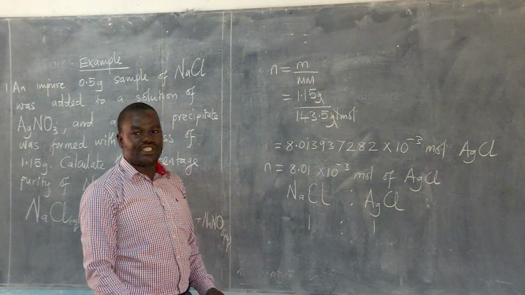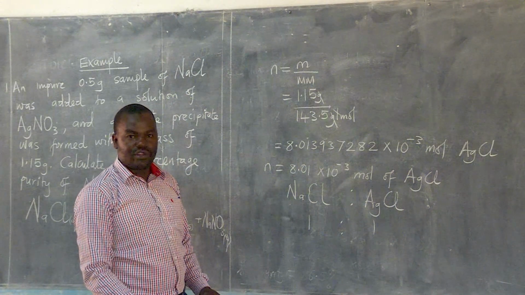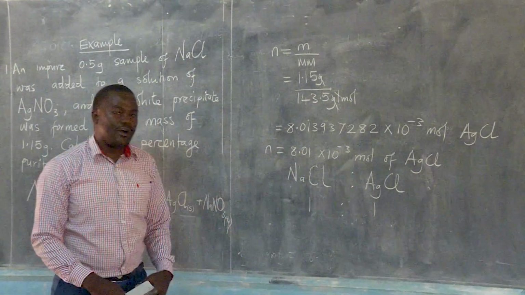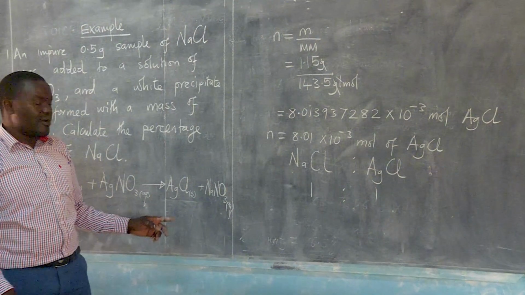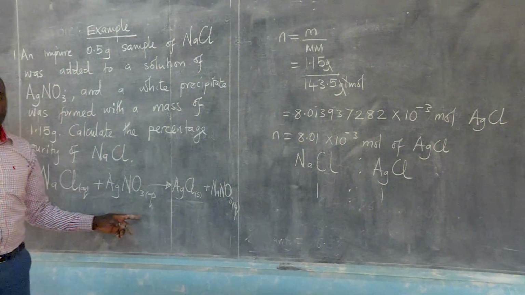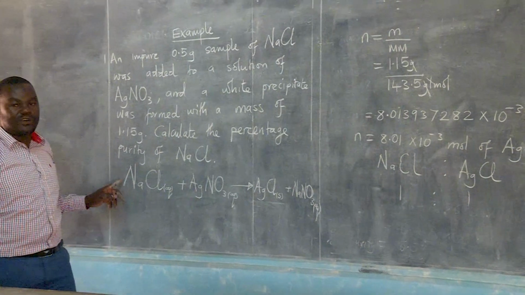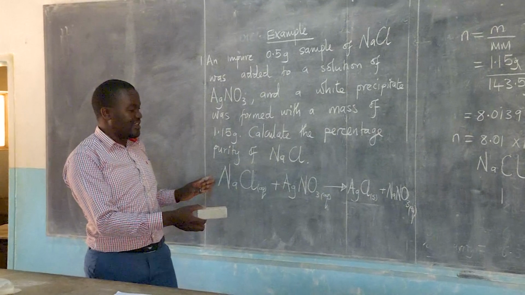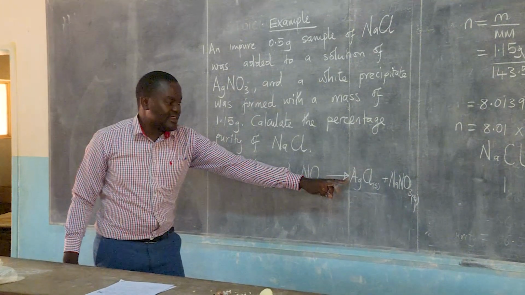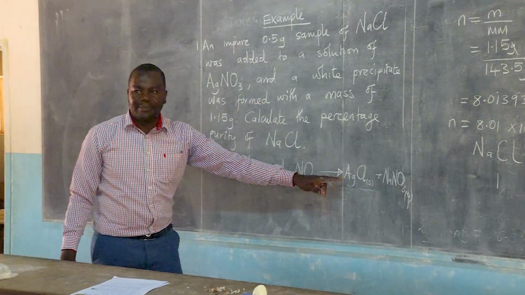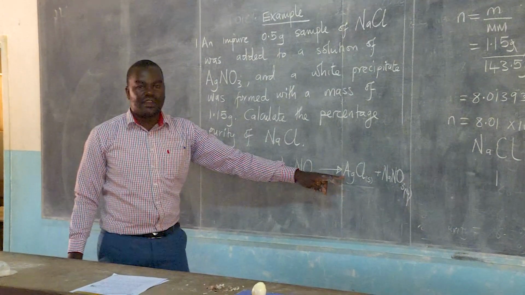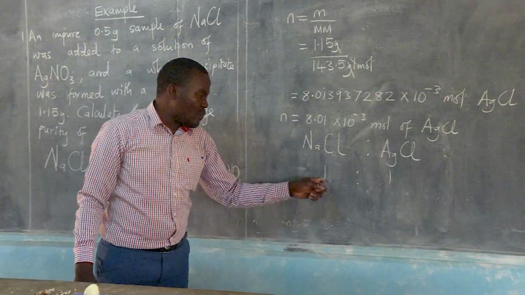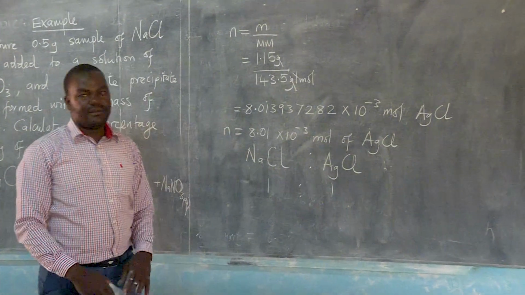To those who don't know, the mole ratio, we are getting it from this balanced chemical equation. In front of sodium chloride here, we've not written any number, meaning there is a 1. And in front of this silver chloride, we've not written any number, meaning there is a 1. No wonder our mole ratio is 1 to 1.